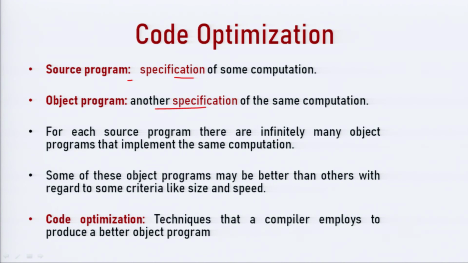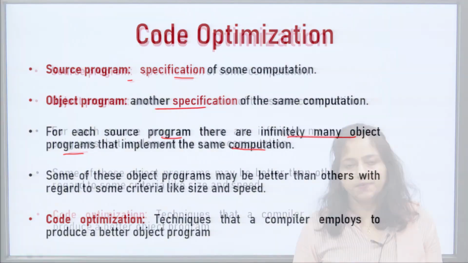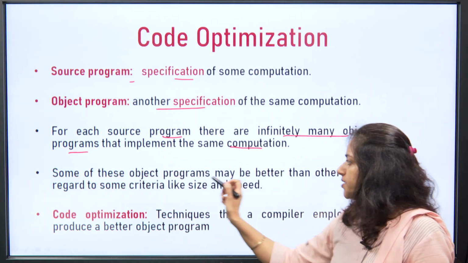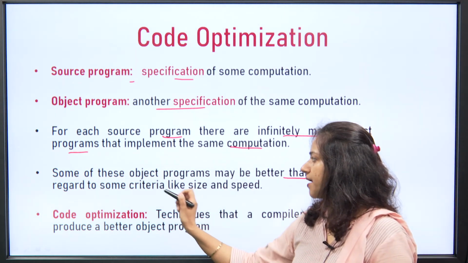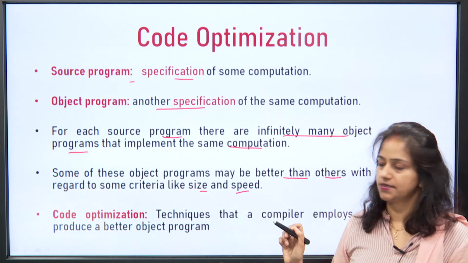Now for each source program there are infinitely many object programs, infinite meaning more than one, that implement the same computation. So for the same computation many object programs can exist. Some of these object programs may be better than others with respect to some criteria like size and space.